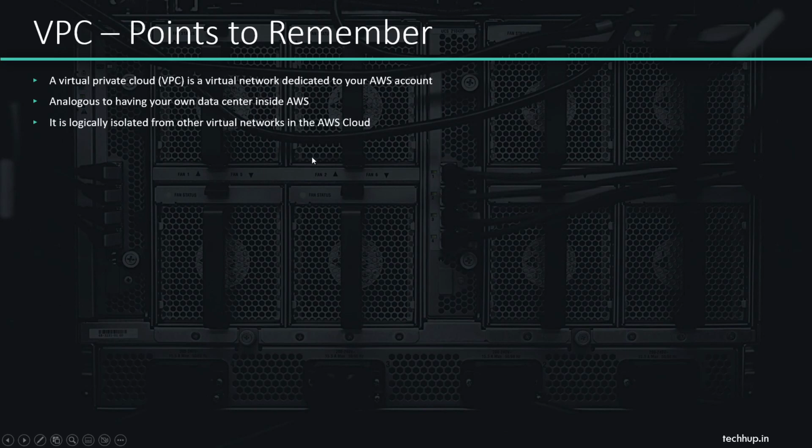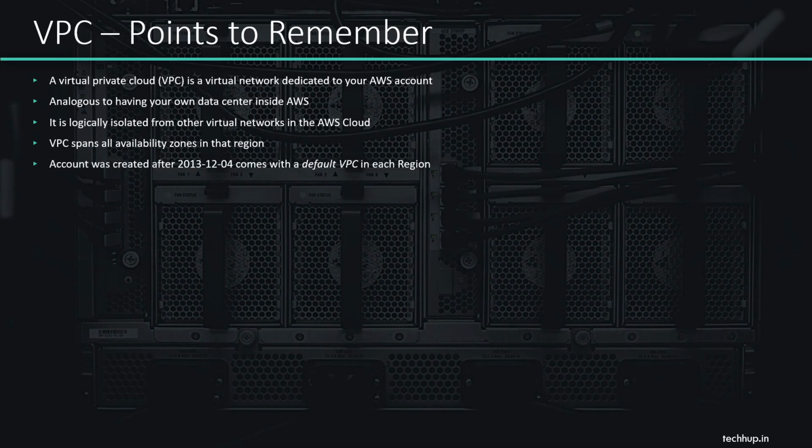It's logically isolated from other virtual networks, just like a virtual LAN in the AWS cloud, and it spans all availability zones in the region where the VPC is created. If your account was created after December 2013, it comes with a default VPC, which we will see in the lab session.